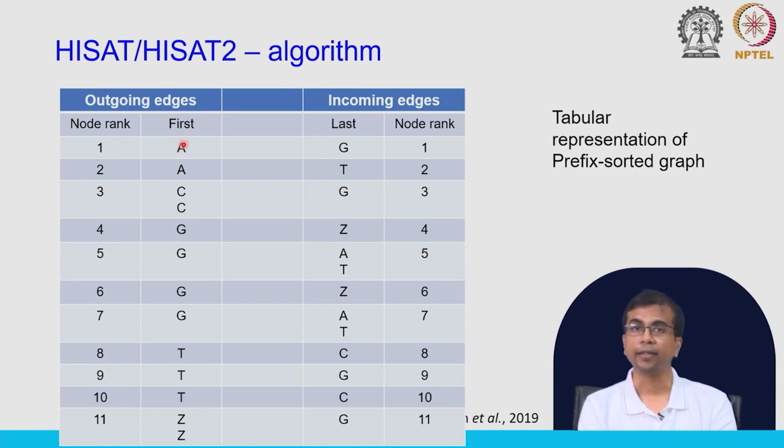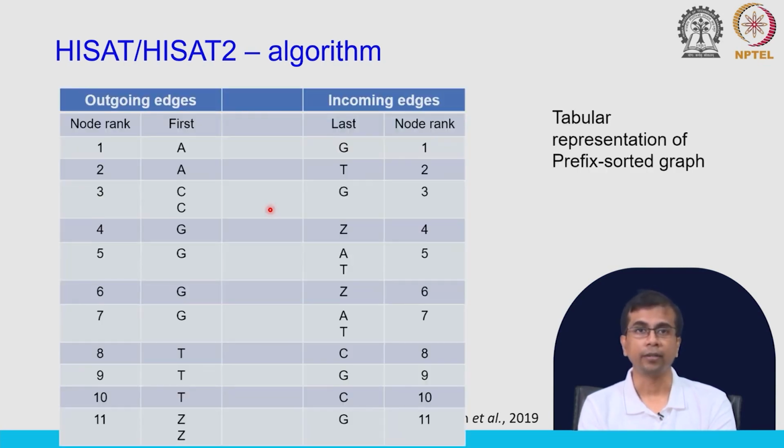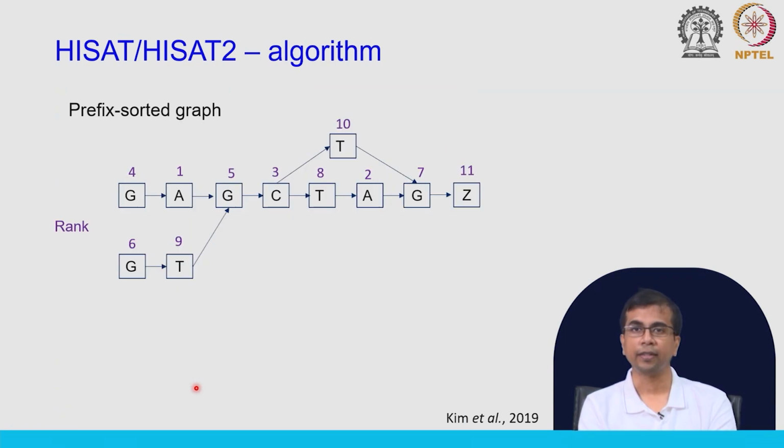The first rank is A, the second one is also A. Then the third one is C, but since it has two outgoing edges, we have to write it twice. That is why we are writing C and C. We just have one C in the graph, but because there are two outgoing edges, we have to write this twice. Then you have 4, 5, 6, 7, these are all G's and T's, and then finally 11, which is the Z here.